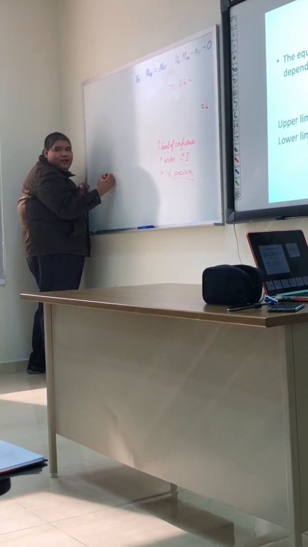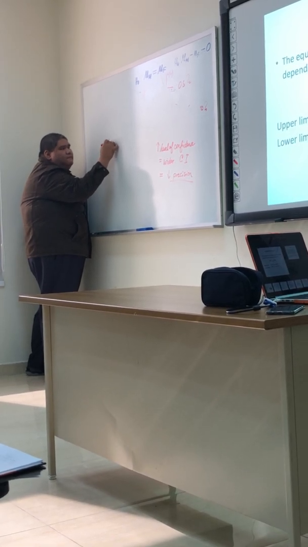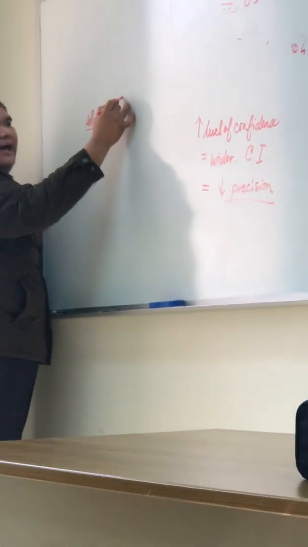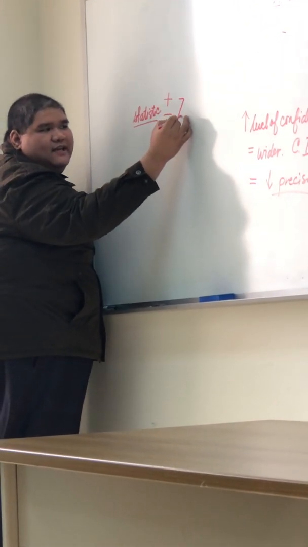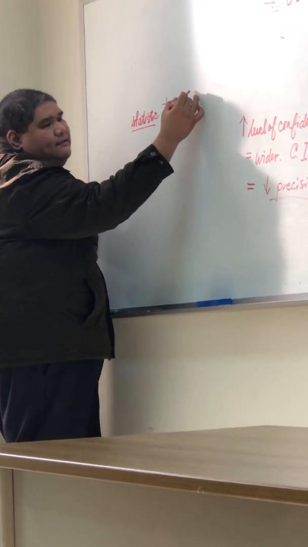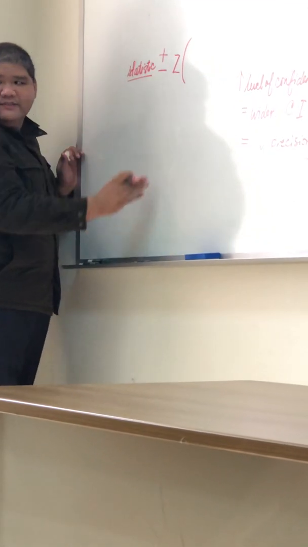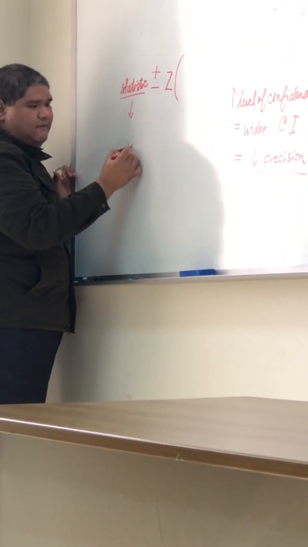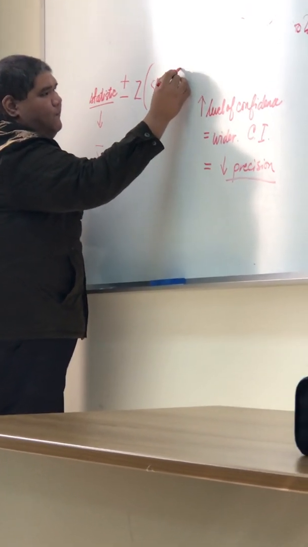The general formula is statistic plus or minus the value of z, multiplied by the standard error.